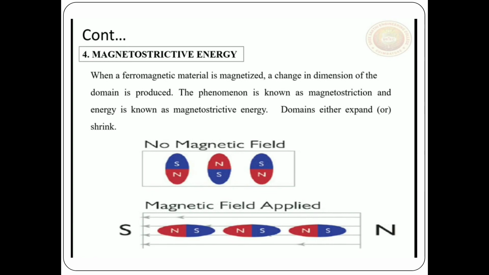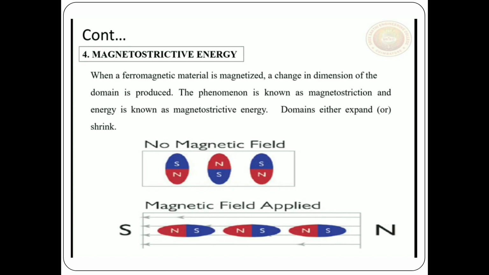The fourth one is magnetostrictive energy. When a ferromagnetic material is magnetized, a change in dimension of the domain is produced. This phenomenon is known as magnetostriction and the energy is known as magnetostrictive energy. That is, the domains either expand or shrink.